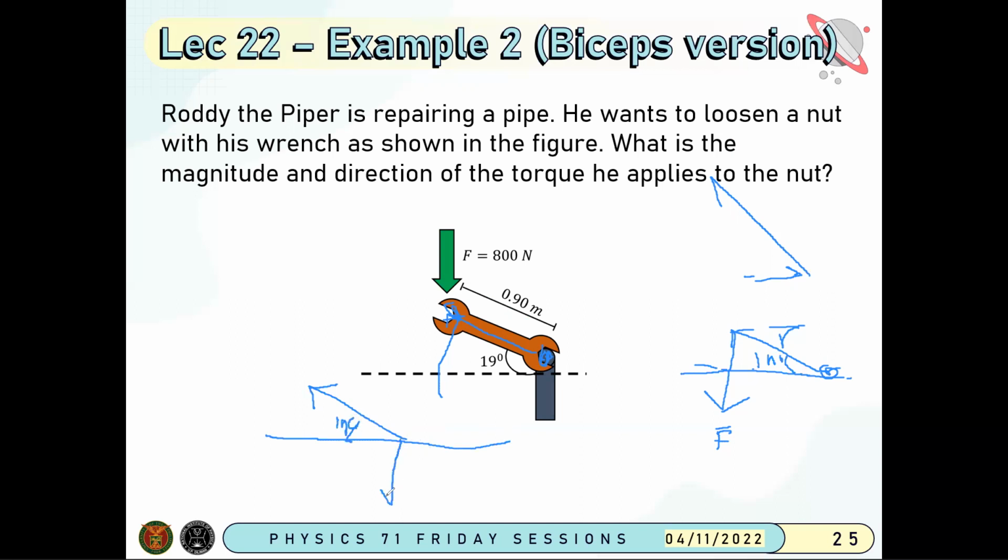Tapos, pwede natin i-move si F pababa. With that, we now know that this is 90 degrees. Right? Minove natin si F dito. So, ito ay 90 degrees. So, 90 plus 19, that will be 109 degrees.